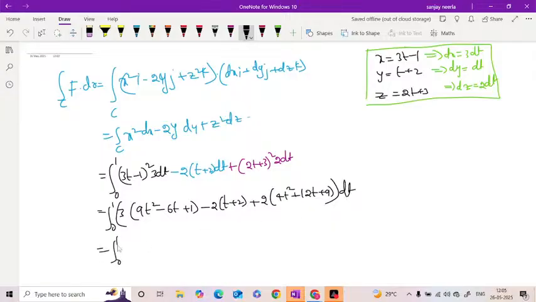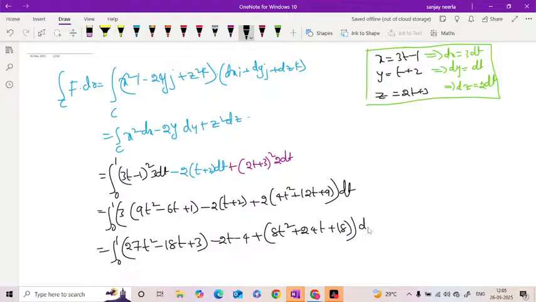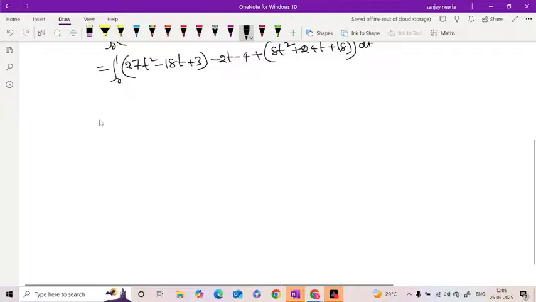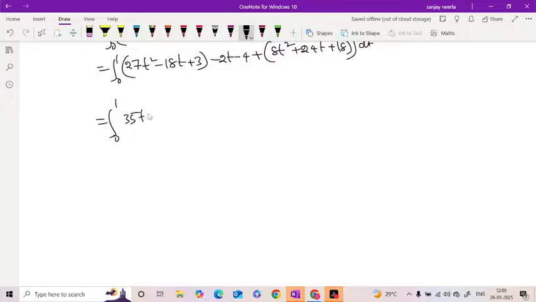Now integral 0 to 1, it is 27t square minus 18t plus 3 as the first part, and the second one is minus 2t minus 4, plus 8t square plus 24t plus 18 into dt. After rewriting, now integral 0 to 1, the t square terms: 27 and 8 make 35t square.